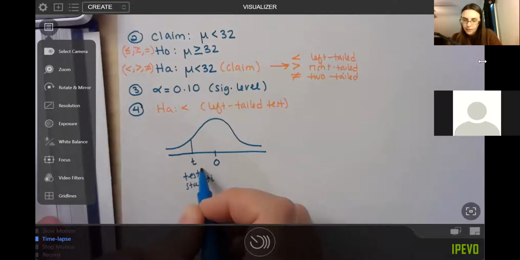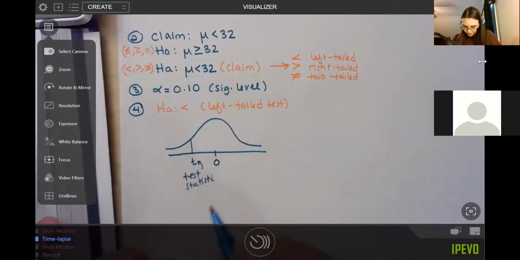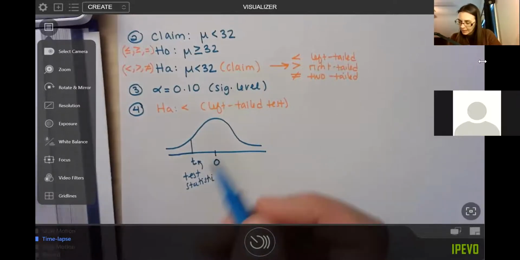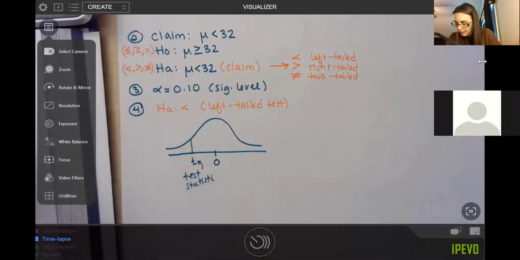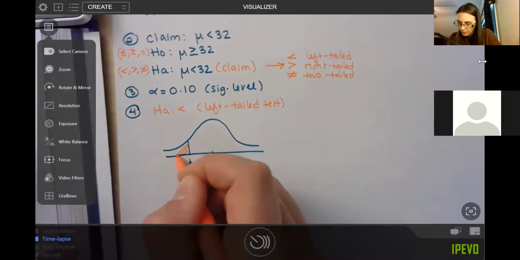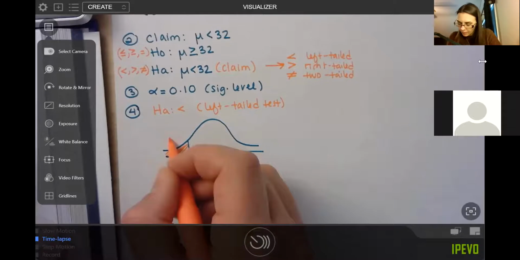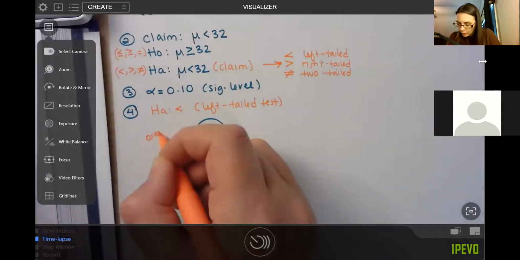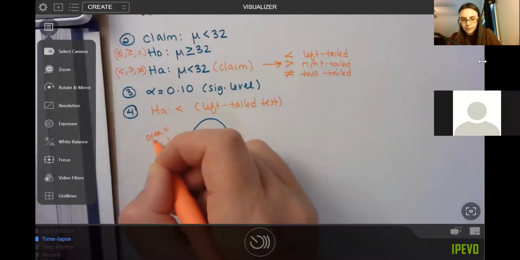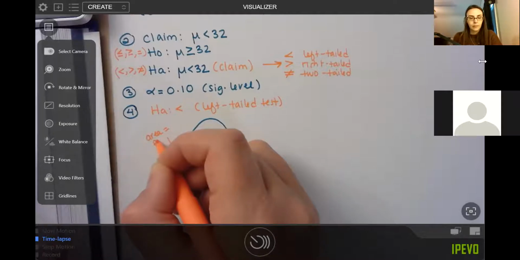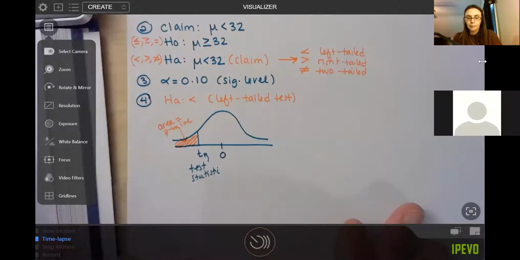And that's going to be this t-value that I'm looking for. And it's a left-tailed test, so I'm looking at this area on the left. And this area here will equal my p-value.